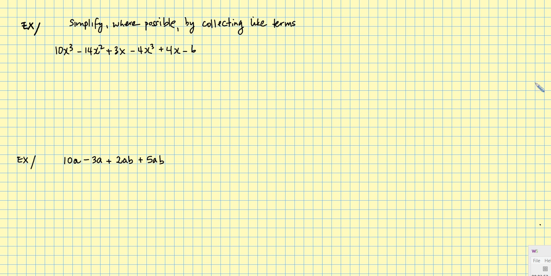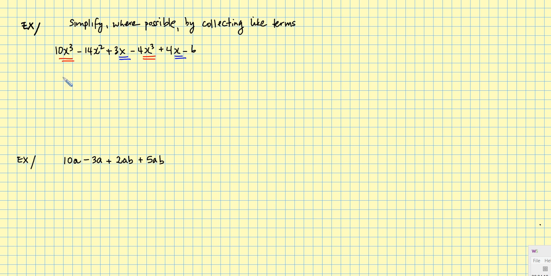Alright, the next examples we'll just do very quickly. So you are asked to simplify where possible by collecting like terms. So if I have 10x cubed minus 14x squared plus 3x minus 4x cubed plus 4x minus 6, I again am collecting like terms. So x cubed and x cubed will collect together. There are no other x squareds, but we do have x terms that can be collected together.